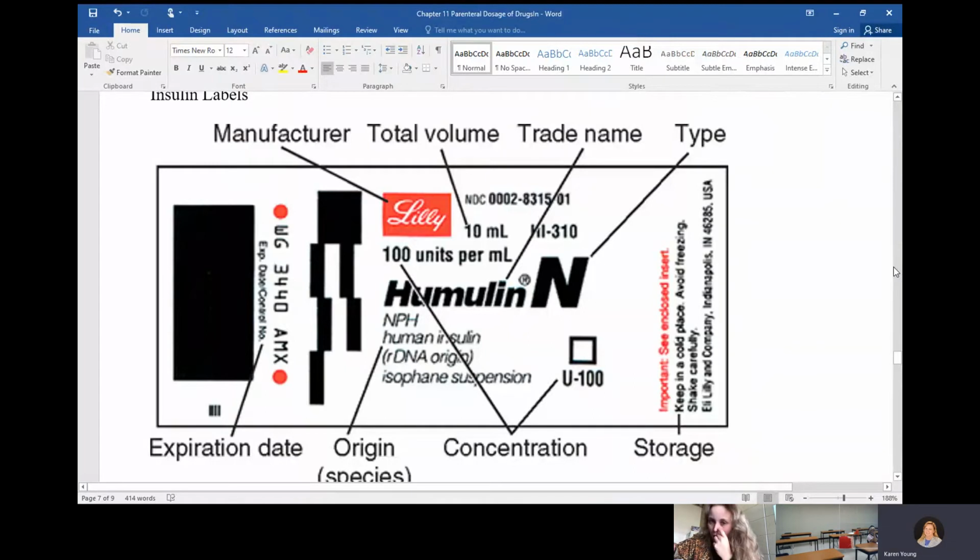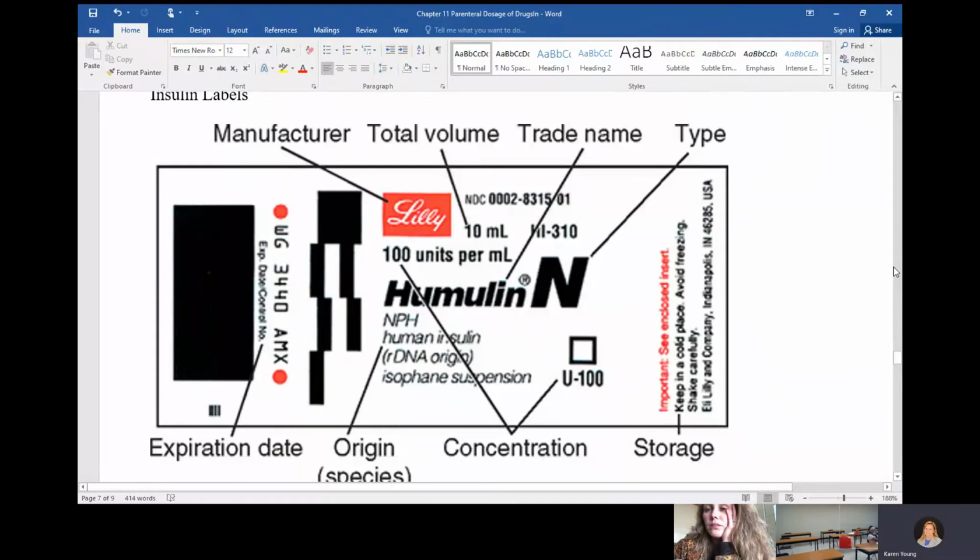There's no need to calculate it as milliliters. So it's got your storage directions, it's got your expiration date, it's got your lot number, it has your NDC number, so still got all your things.